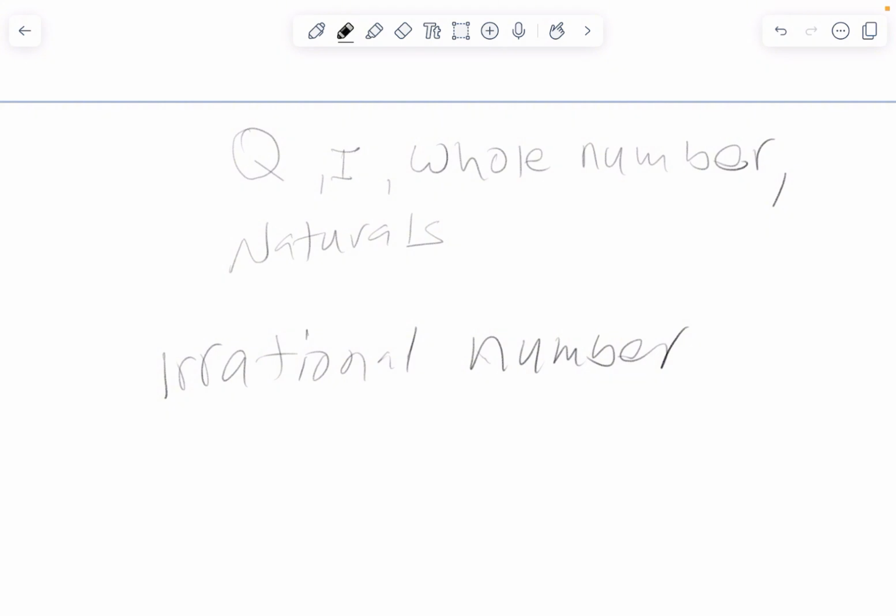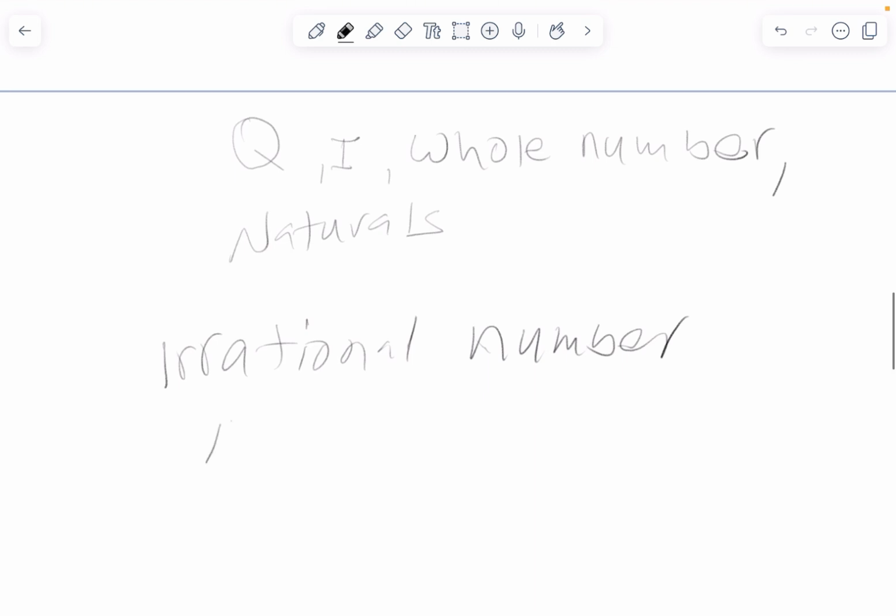Irrational numbers are any numbers like pi, the square root of 2, the square root of 3. Their decimal expansion cannot repeat or end.